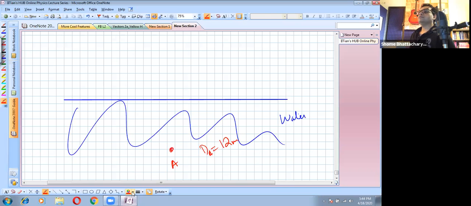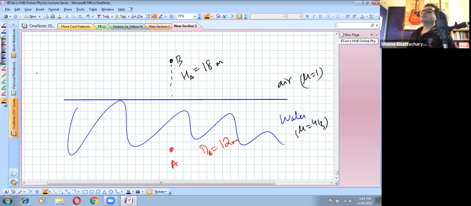And I have another object B, like somebody flying above or a drone or something, who's at this height in air of, let us say, whatever, 18 meters. Refractive index of air is 1, refractive index of water is 4/3.